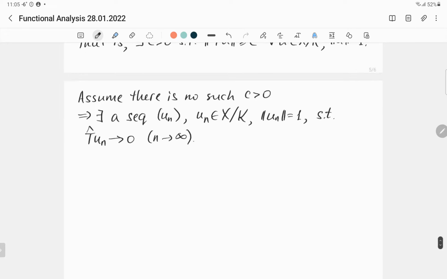For each n, let's choose a representative of un. So let's write un in the form xn plus K, where xn belongs to X. And we may also assume that the norm of xn is less than or equal to, say, 2. Just by the definition of the quotient norm, we can find a representative of almost the same norm.